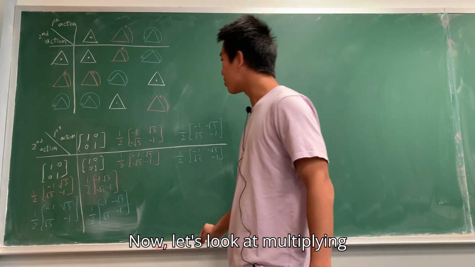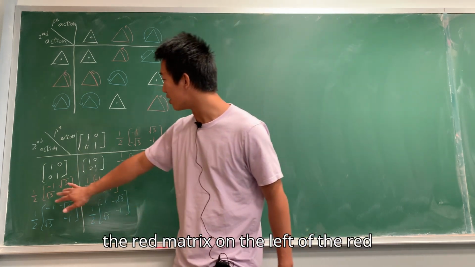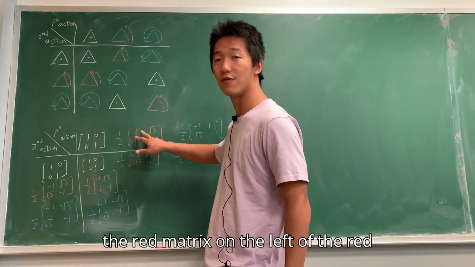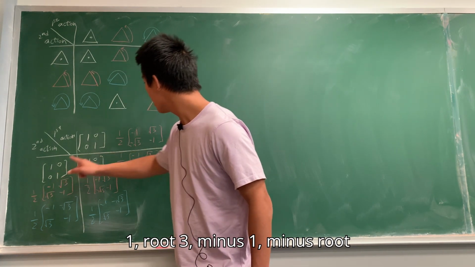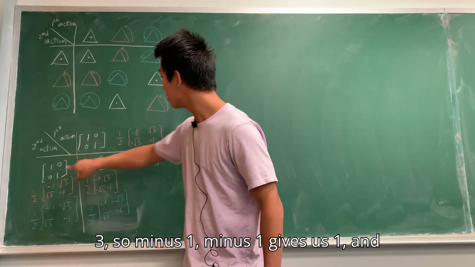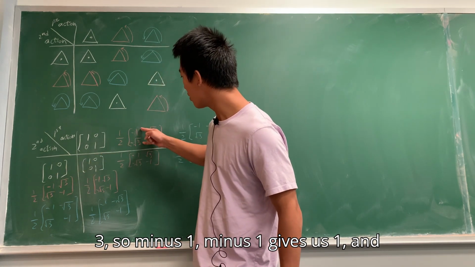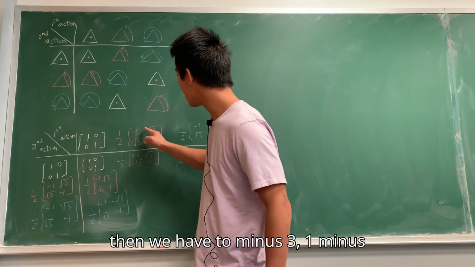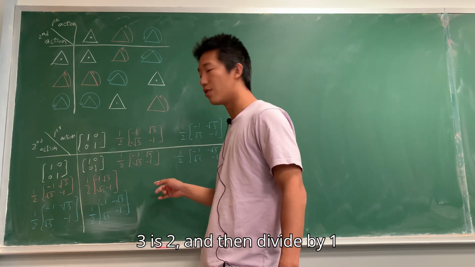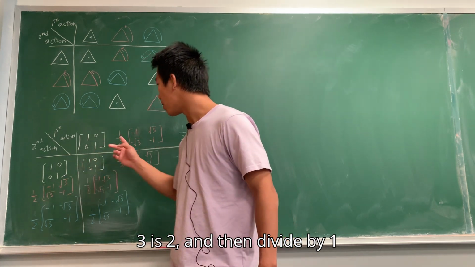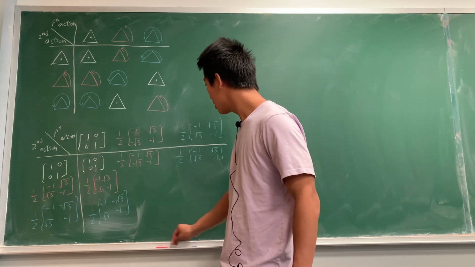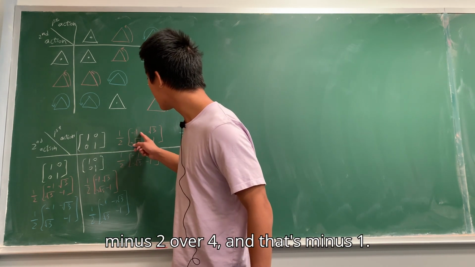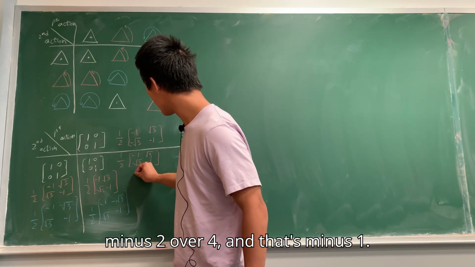Now, let's look at multiplying the red matrix on the left of the red matrix. We have minus 1, root 3, minus 1, minus root 3. So minus 1 gives us 1, and then we have to subtract 3. 1 minus 3 is minus 2, and then divided by 4, you get minus 2/4, and that's minus 1/2.